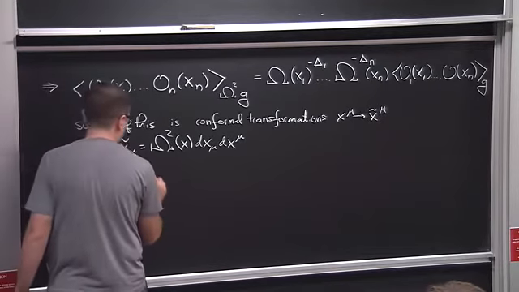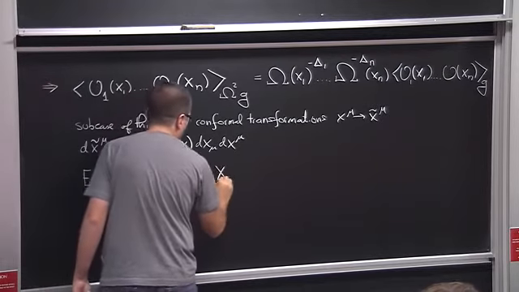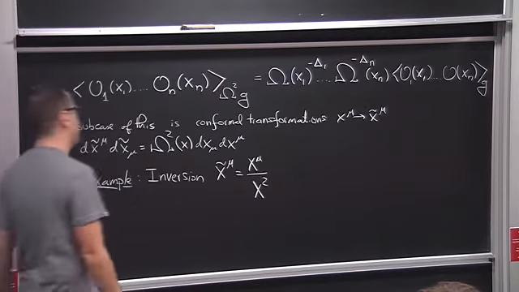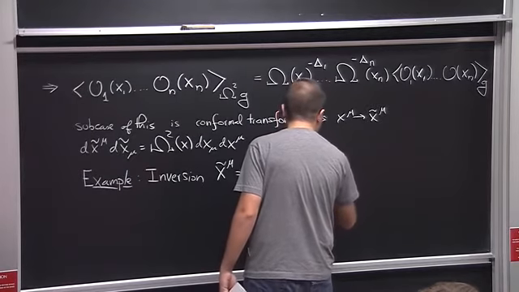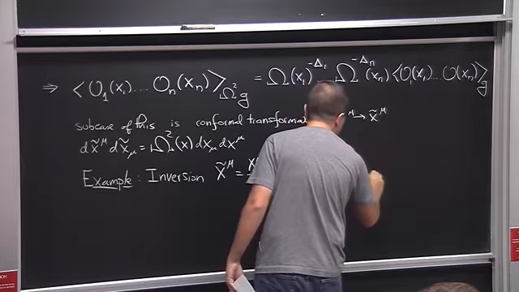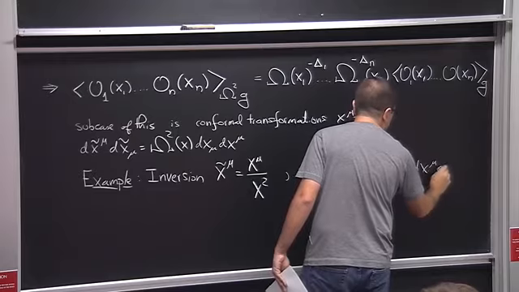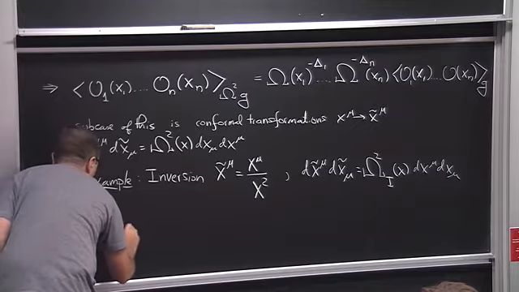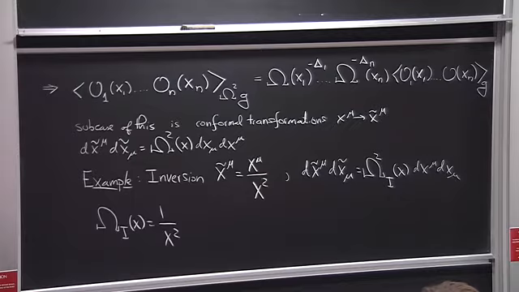Let's consider inversion, where x tilde mu is just x mu over x squared. Then you can indeed check that dx tilde mu differs from the original dx mu by a Weyl factor, and this inversion factor of x is nothing but 1 over x squared for inversion. Okay?